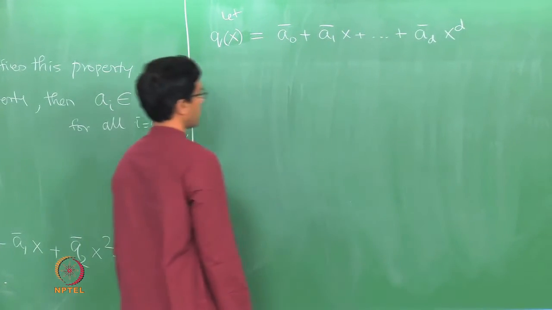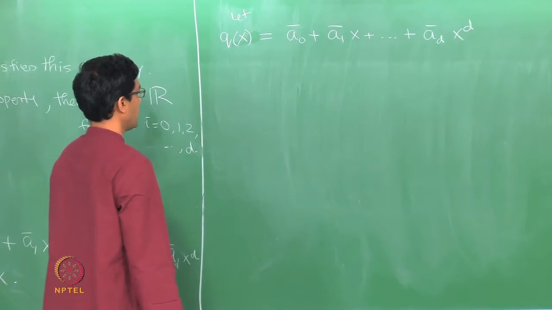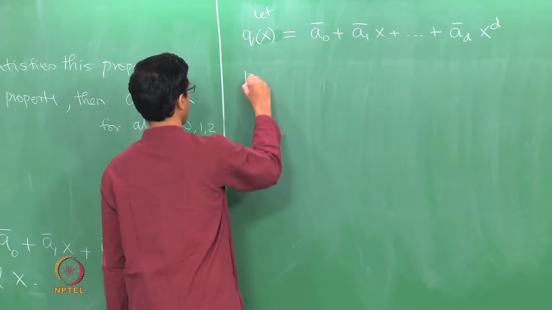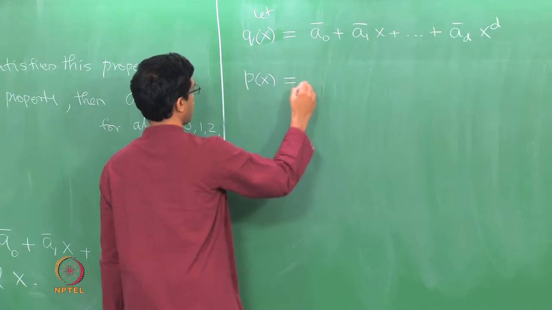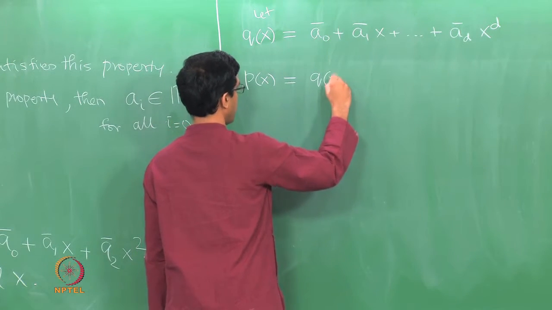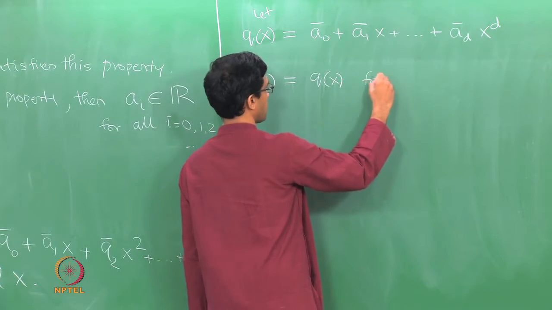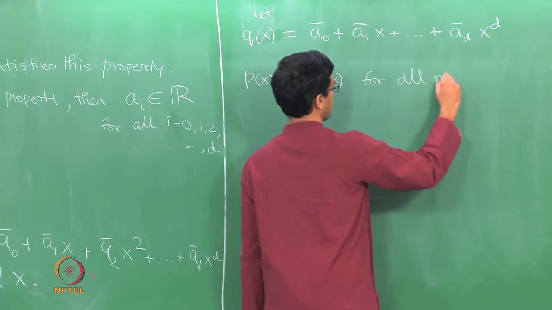Here is another polynomial of degree at most d, and what we are claiming is that the polynomial p and the polynomial q agree, they are equal for all real numbers x, for all real x.